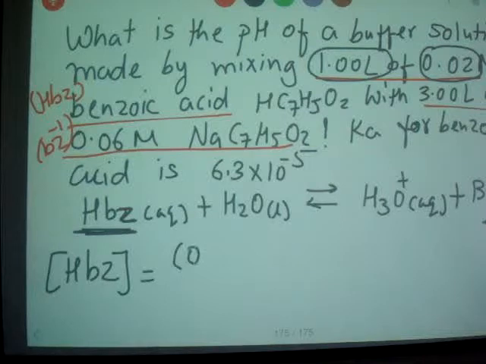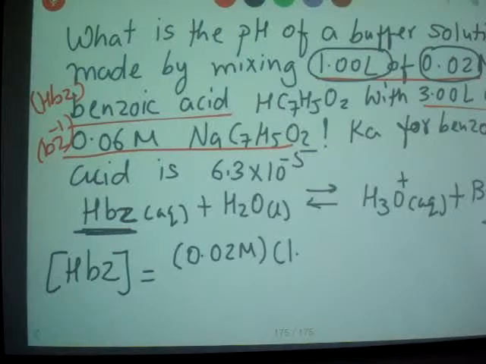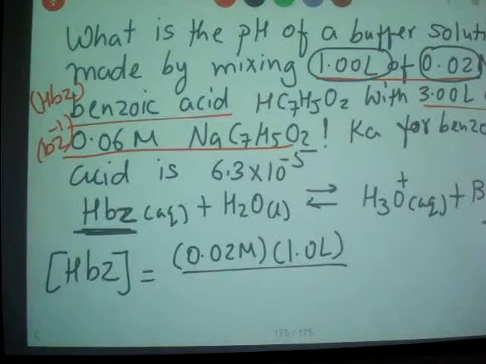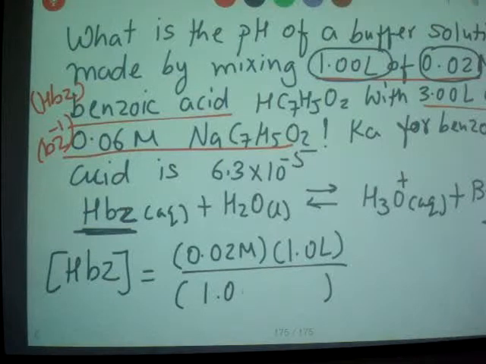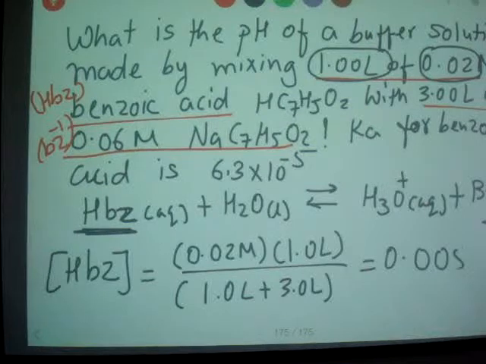But when you add, what's the total? We have 1 liter and 3 liters, total 4 liters. So when you find the concentration of benzoic acid, you get 0.005 molar. That's the benzoic acid concentration.